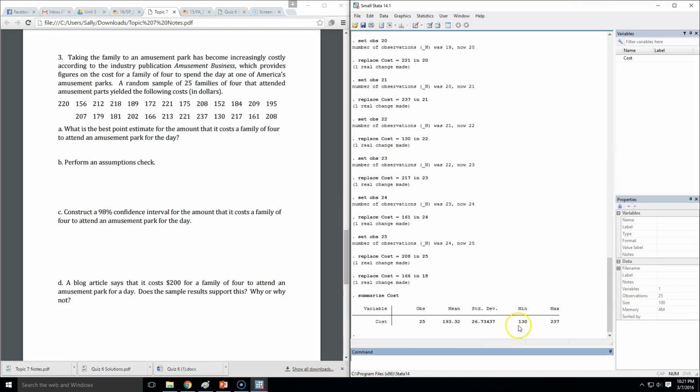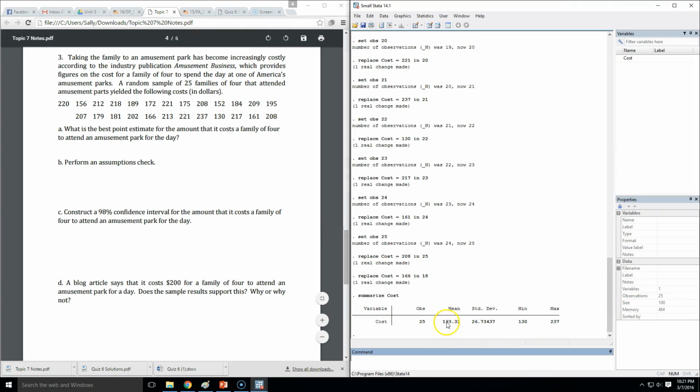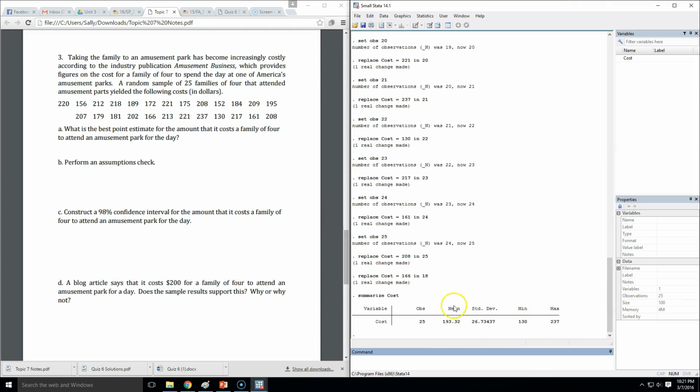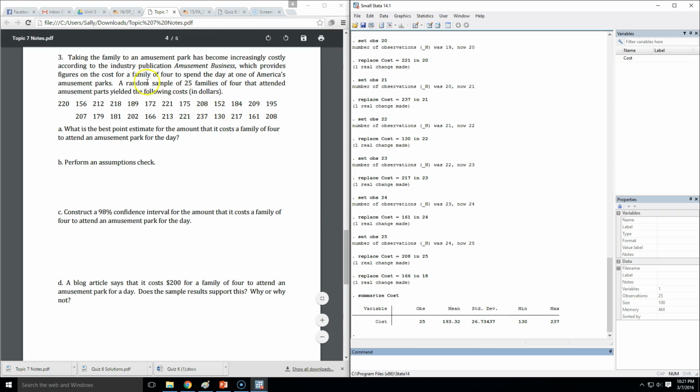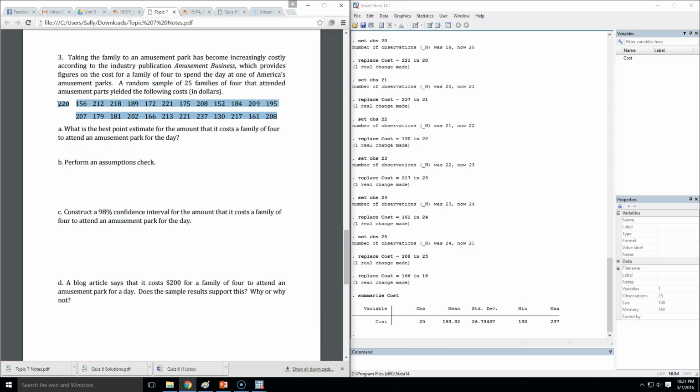Let's be risky and click on the first one. So this is a mean of $193, and this is a standard deviation of 26.73. This is a sample standard deviation because you found this as the result of a sample. So the sample standard deviation means that we're going to use the t-distribution in that right side of the column.